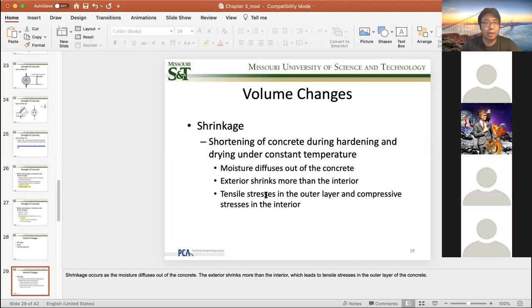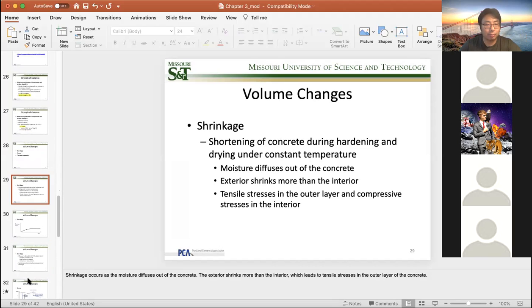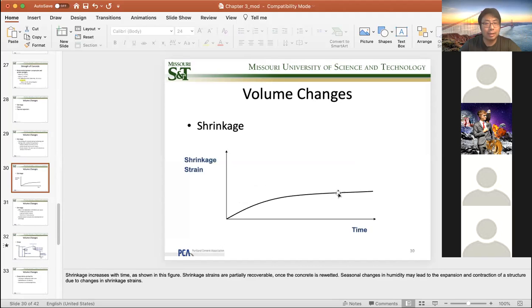So normally you see a lot of cracking when shrinkage occurs. Looking at shrinkage versus time, most of the shrinkage occurs in the early stage during the concrete curing process. When the concrete gets hardened, you don't see a whole lot of shrinkage anymore.